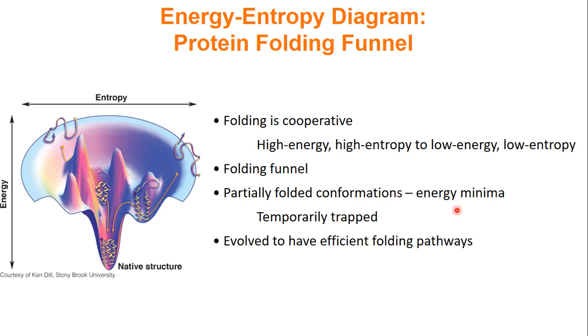That is what an energy minimum is. Proteins can be trapped in these energy minima, and they create what are called intermediate states. You just need some kind of random movement to get out of this intermediate state. It's thought that proteins have evolved their primary structure over time to have the most efficient folding pathways possible, because a lot of proteins only work when they are folded.